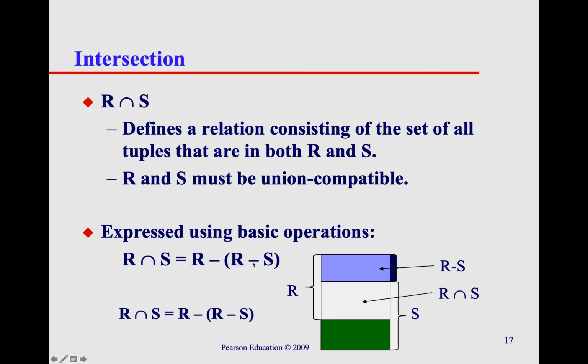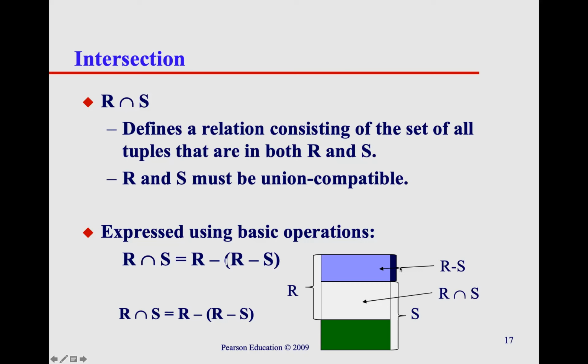You first find the set difference. You first obtain everything that's in R and not in S. Okay, and then you take that away from R. So this gives you everything that is in R but not in S. Therefore, when you subtract it from R, you're left with everything that is in both R and S.